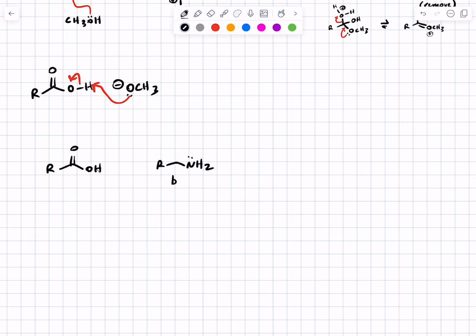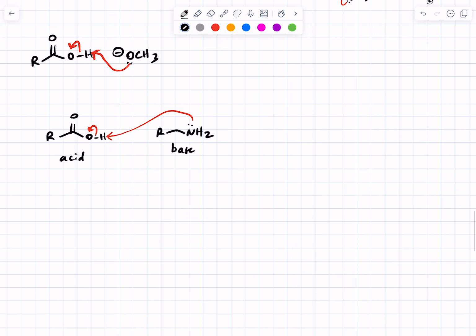The first problem with trying to make an amide from a carboxylic acid is that if you just start with the amine and the carboxylic acid, you end up with that same dang proton transfer reaction that happens before the amine can even attack the carbonyl carbon.